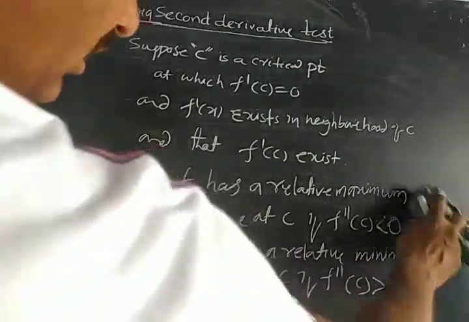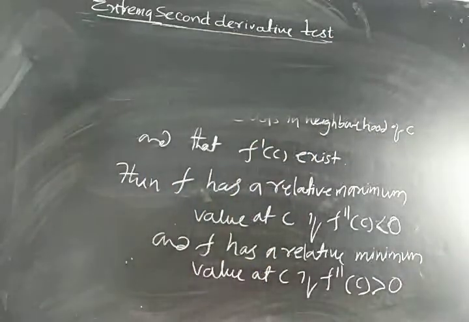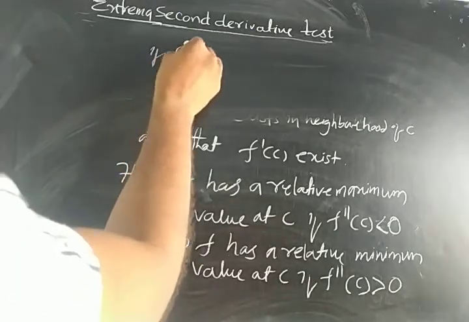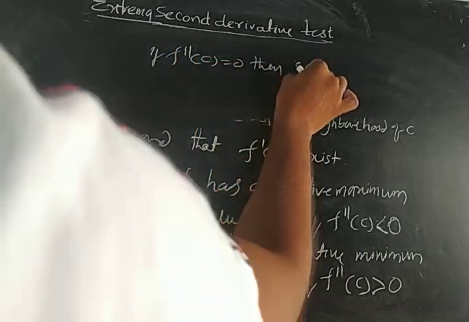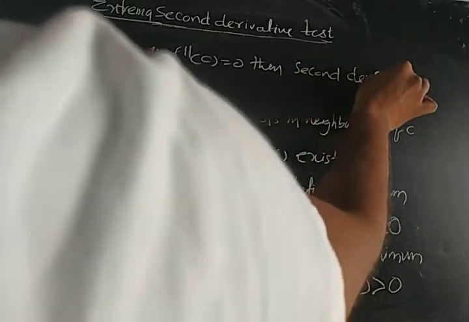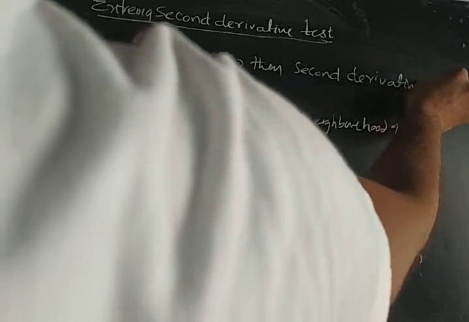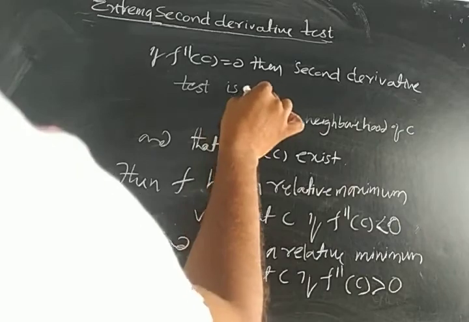Okay, this is the use of the second derivative test. If f double dash of c is equal to 0, then the test is not informative, that means not useful, right? Then the second derivative test is not useful.